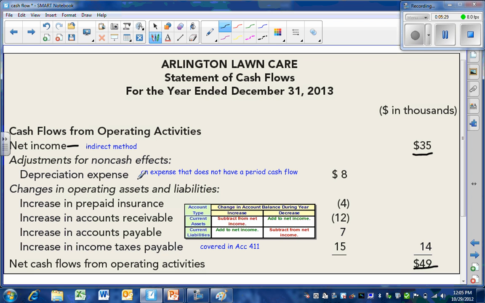So we'll be reporting proceeds and not gains and losses. If we had a gain or a loss, that would have to be added back in. And there are certain other non-cash items. We're going to take a look at Lowe's statement of cash flows, and it has a couple of examples. So why don't we switch over and take a look at a real company's statement of cash flows.